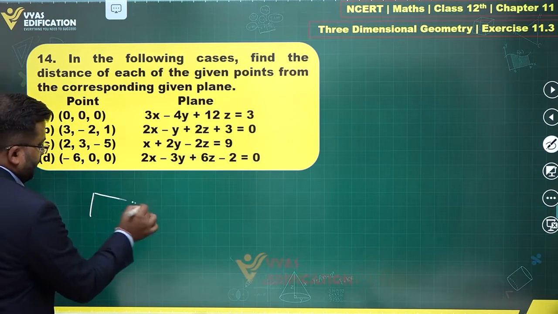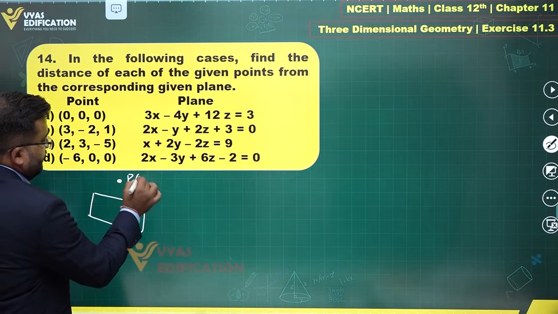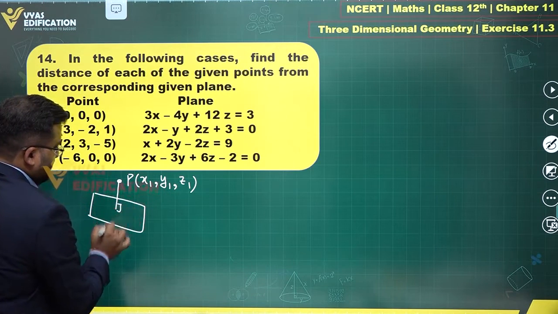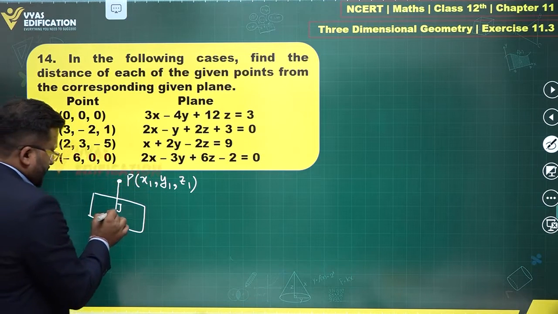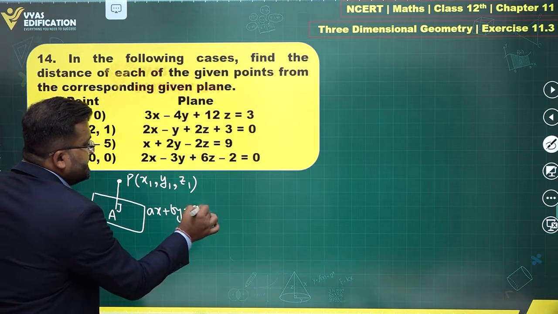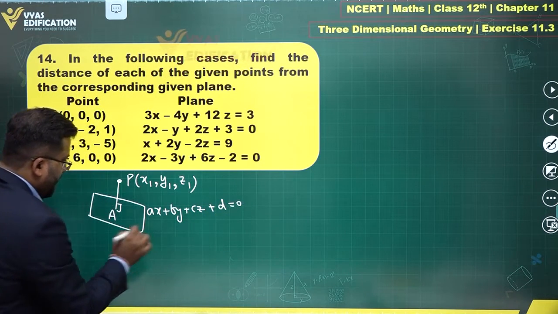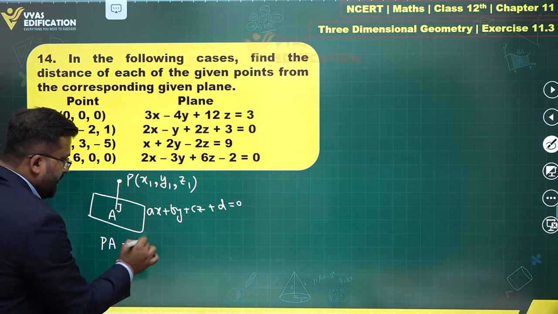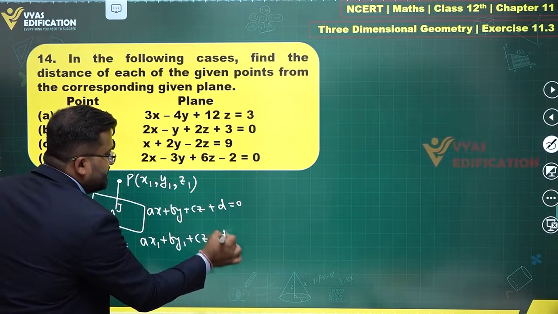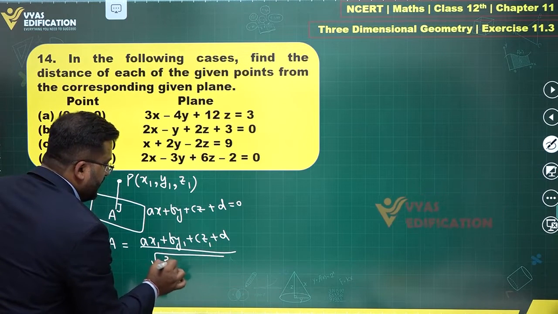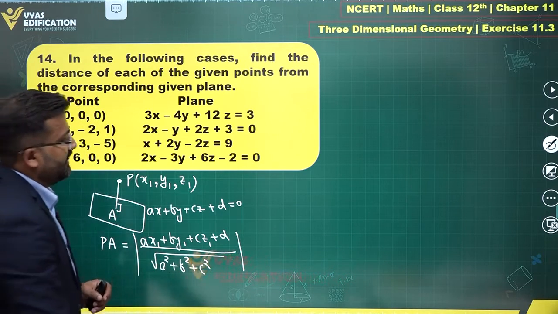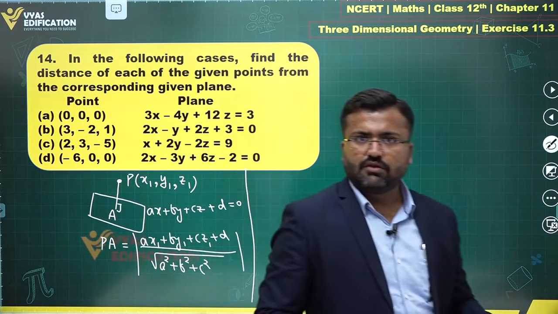For example, if you have a plane and you want to find distance of P(x1, y1, z1), the perpendicular distance of this particular point from this plane AX plus BY plus CZ plus D equals 0 will be modulus of AX1 plus BY1 plus CZ1 plus D upon under root of A square plus B square plus C square. This is the result that we will be using for solving this question over here.